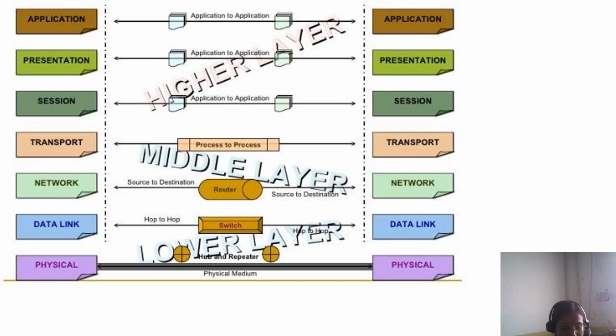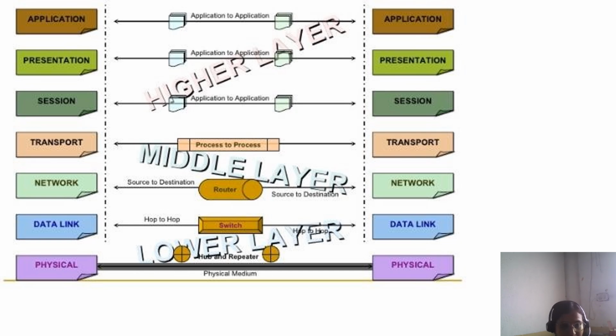And the next one is the network layer. The network layer handles data routing, addressing, and delivery across networks. It's like a GPS for the data packets. And then the next one is the data link layer. It ensures error-free data transfer between two directly connected nodes and manages the framing.